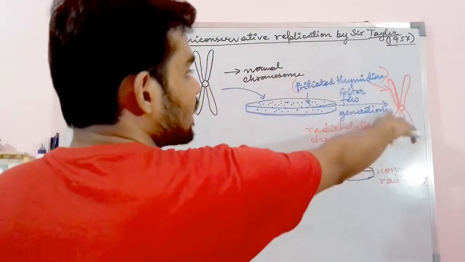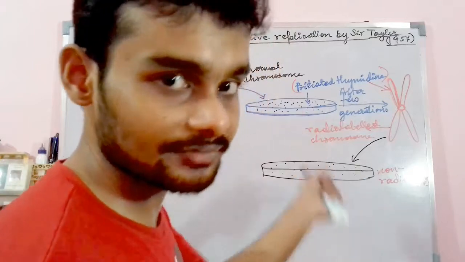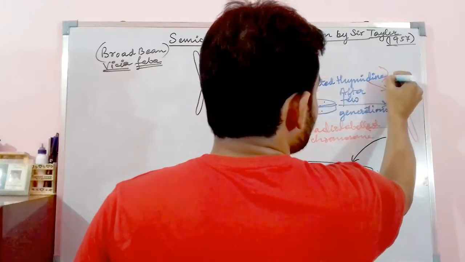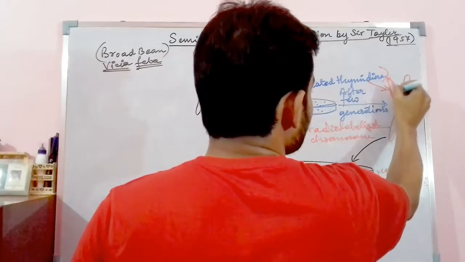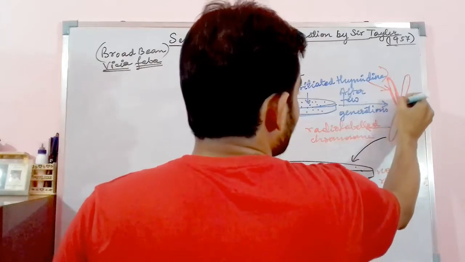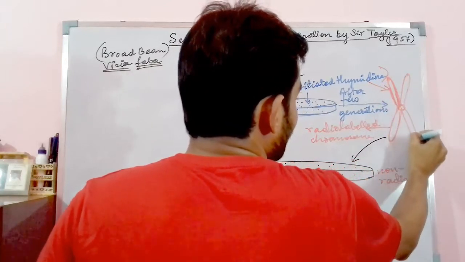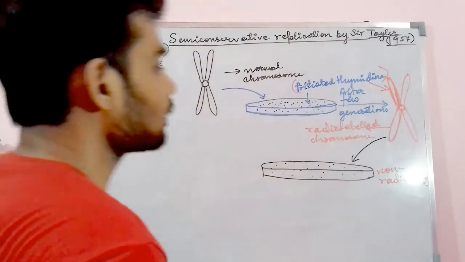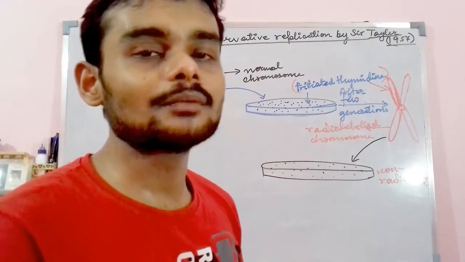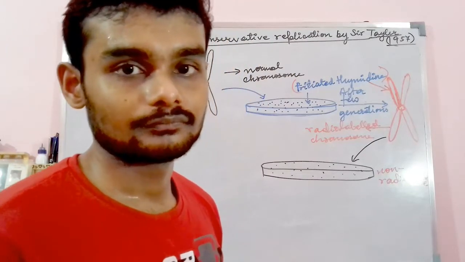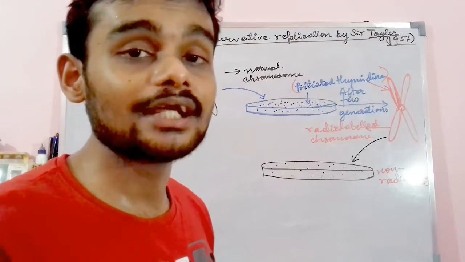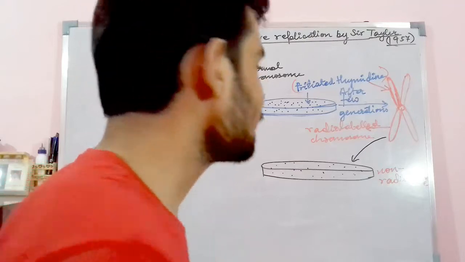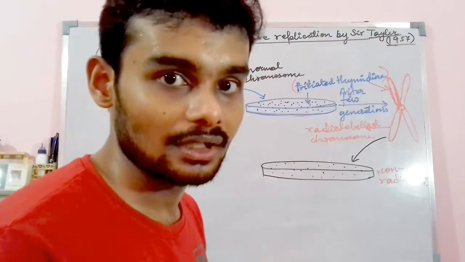Okay. Now in this case, these cells of the Vicia faba beans grew, and he found that after the first generation of growth, the culture medium was showing intermediate or hybrid radioactivity, because the radioactivity got less. It was reduced to half. Why?